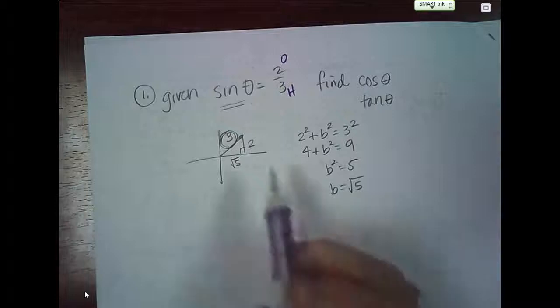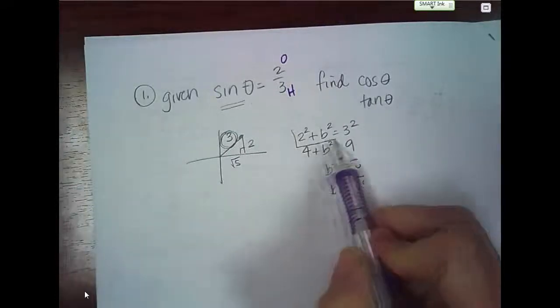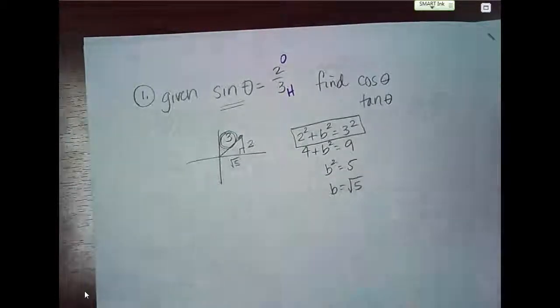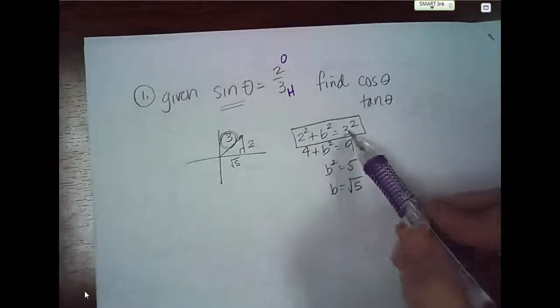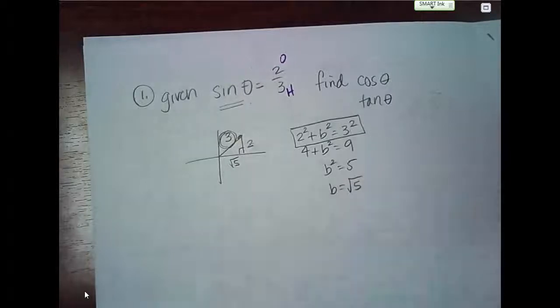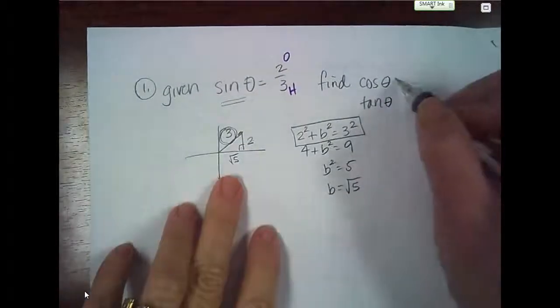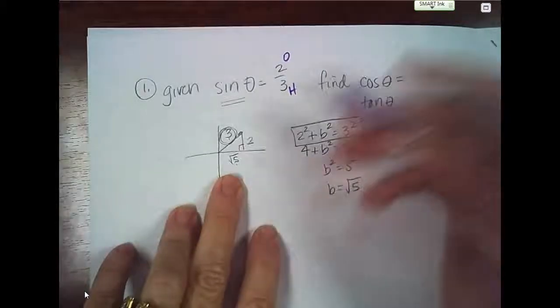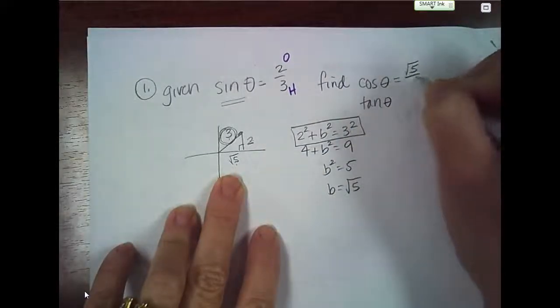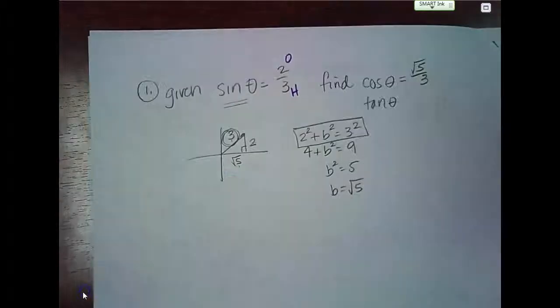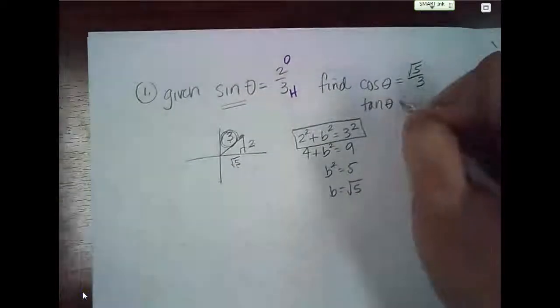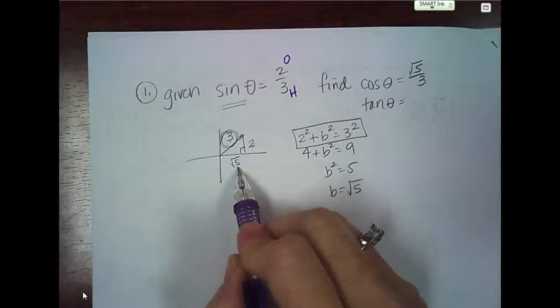All right, remember, if you have the hypotenuse and the leg, you don't add them. You have to subtract, right? 3 squared minus 2 squared. Now then the question was cosine. So cosine would just be the adjacent over hypotenuse. And then to find tangent, okay, it's just opposite over adjacent.